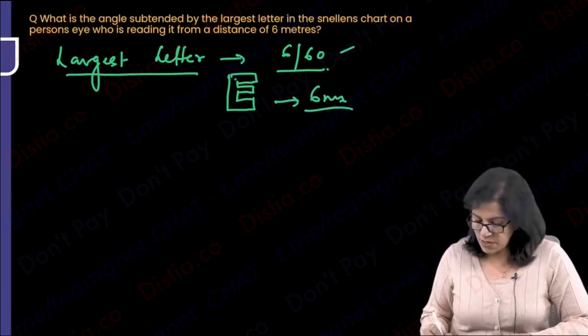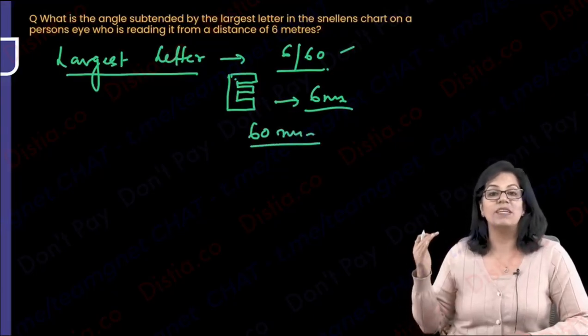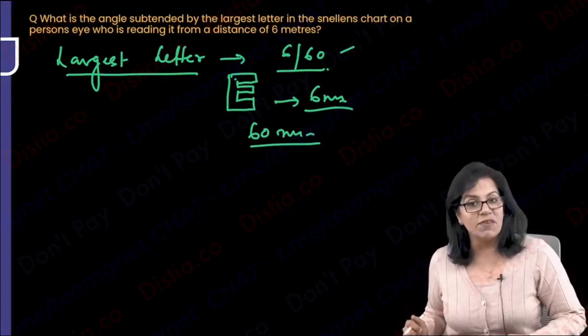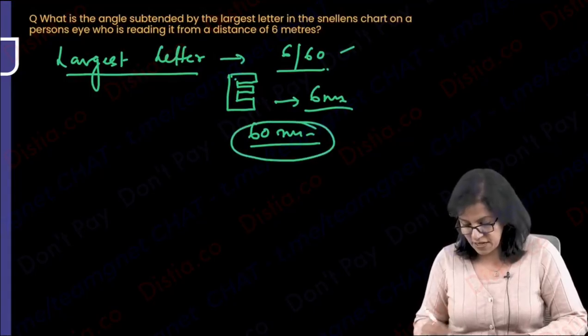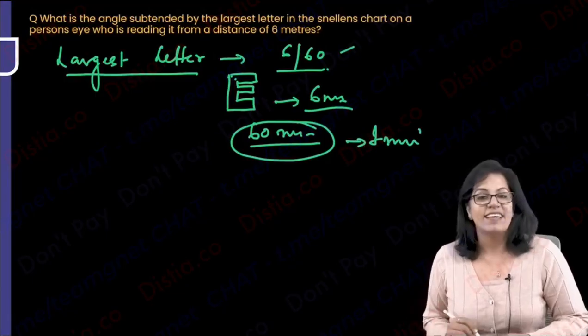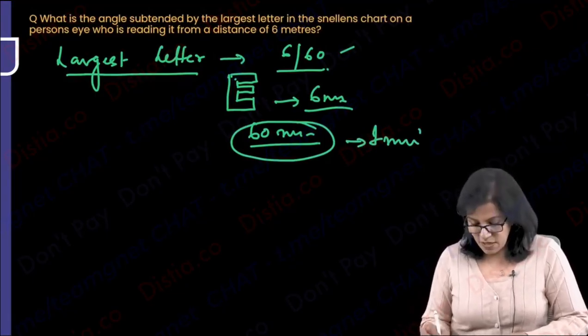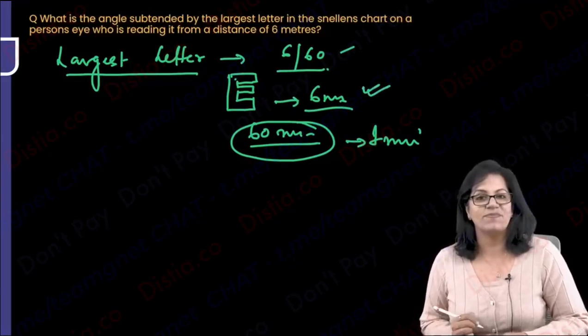From 60 meters we know. Overall it will be 5 minutes and the margins will subtend 1 minute. So the minimum angle of resolution at 60 meters is 1 minute. We have to find out what is the angle subtended at 6 meters.